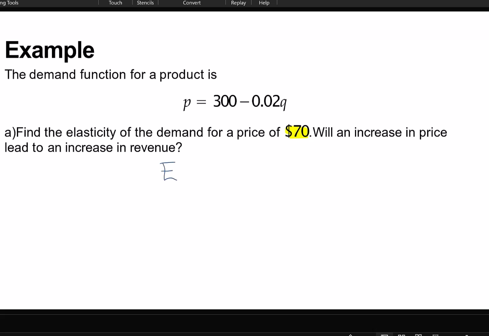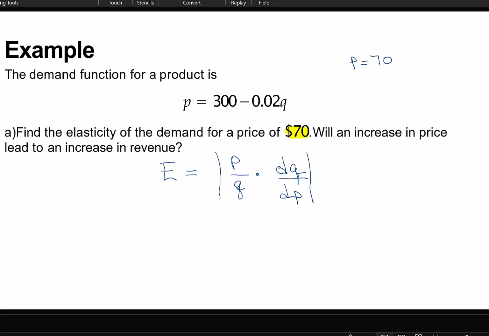E is equal to the absolute value of P over Q times dQ/dP. I want to find the elasticity. I know P equals 70. And I can find out what Q equals.